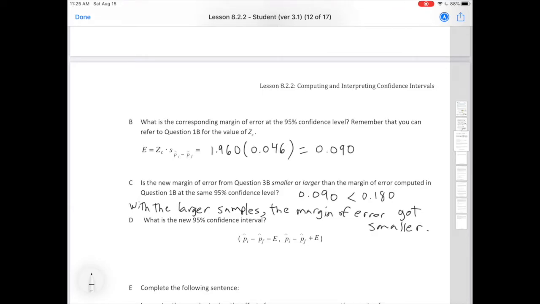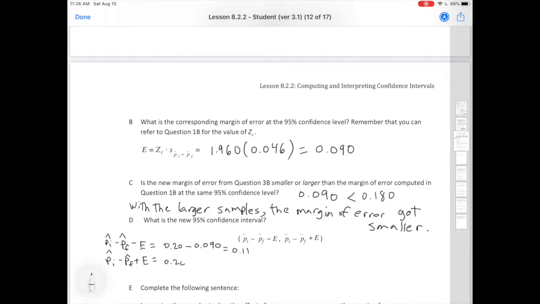And now they want us to find the 95% confidence interval for this new value. So remember, it's going to be pi hat minus pf hat minus the margin of error, and it's going to be pi hat minus pf hat plus the margin of error. What do you get? So this is going to be 0.20 minus 0.090, which is 0.11.